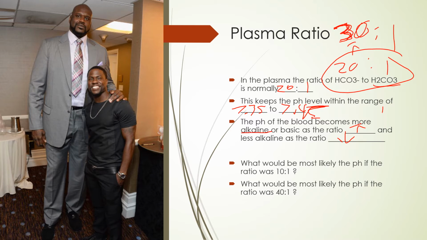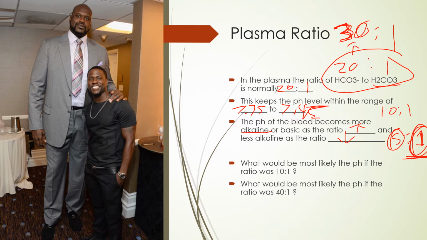Now I have a 10 to 1 or a 5 to 1. That's hardly any bicarb compared to the acid. This means the acid's going to be dominant and we're going to have an acidotic relationship. Our pH will be in acidosis. So what would most likely be the pH if the ratio was 10 to 1?